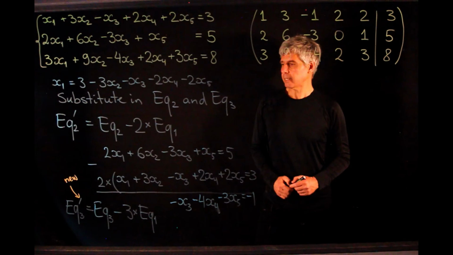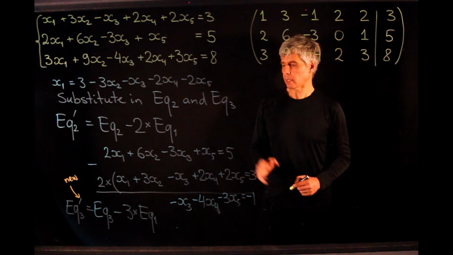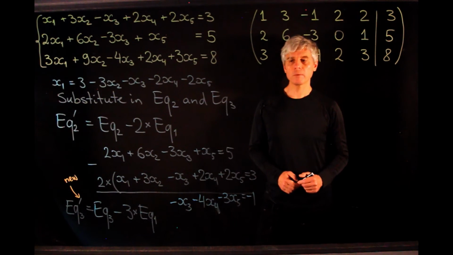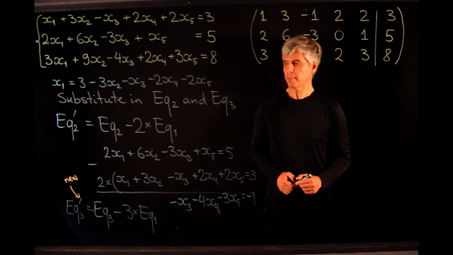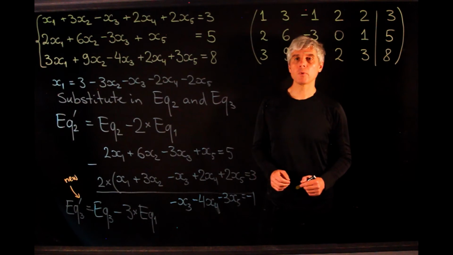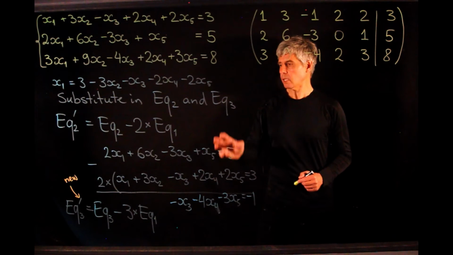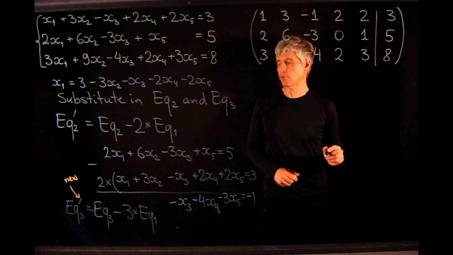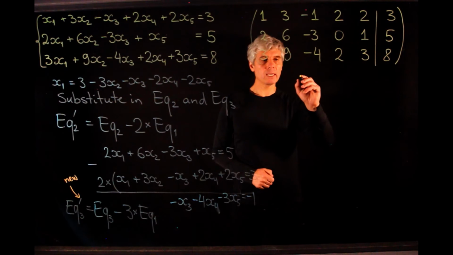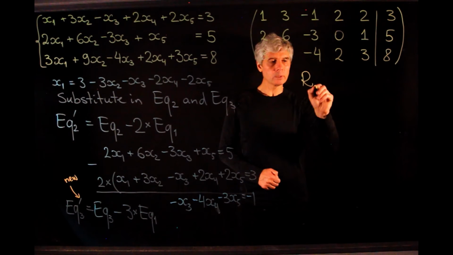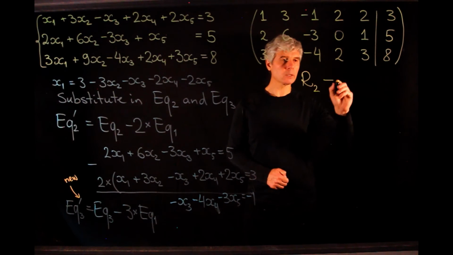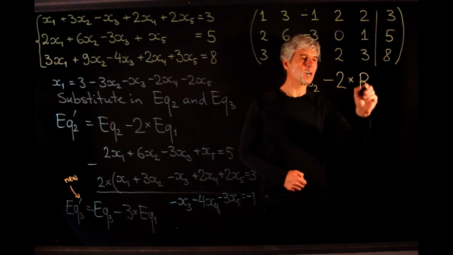How can we translate these operations with equations into the language of matrices? Remember that equations correspond to the rows of the matrix. So what we do here can be written in the following way: we take row 2 and subtract 2 times row 1.